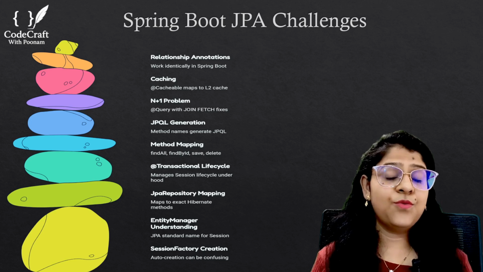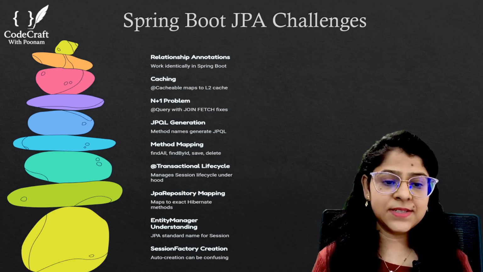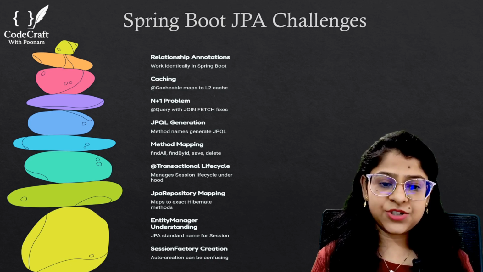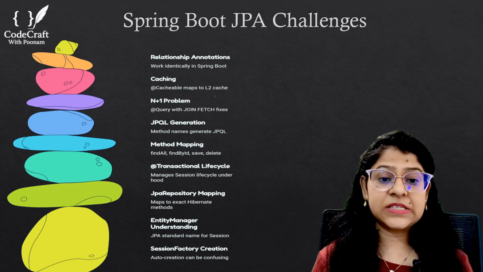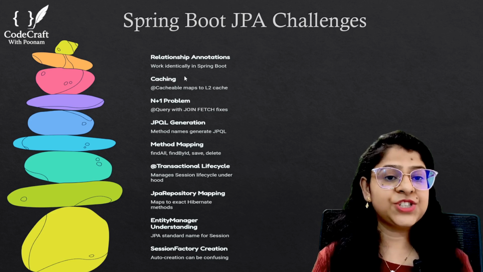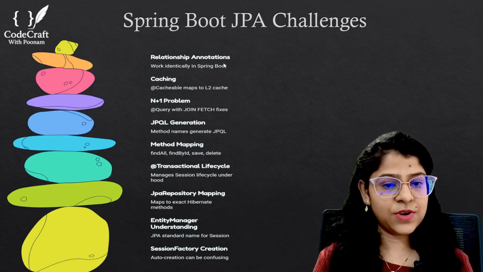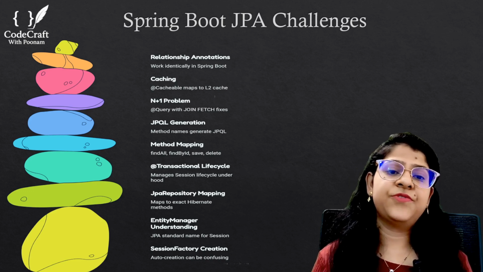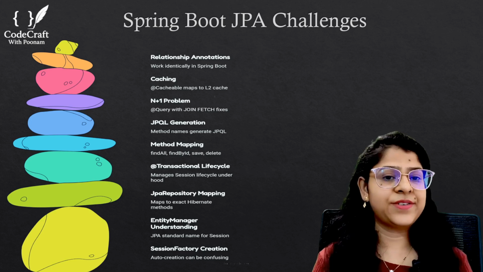So what you are going to learn today is the SessionFactory creation, EntityManager understanding, JPA repository mapping, the @Transactional lifecycle, method mapping, JPQL generation, the N+1 problem, caching, and relationship annotations. Here is how Spring Boot auto-creates the SessionFactory as EntityManagerFactory.